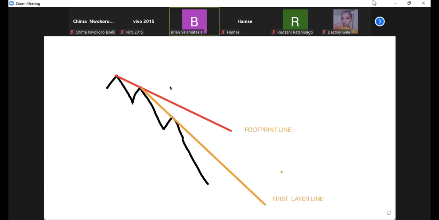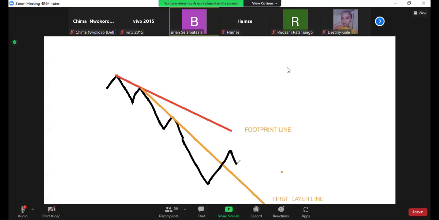And normally what we wait for is for the market to break the first layer line. So you just simply wait for the market to break the first layer line, and after that it has to make a retest.